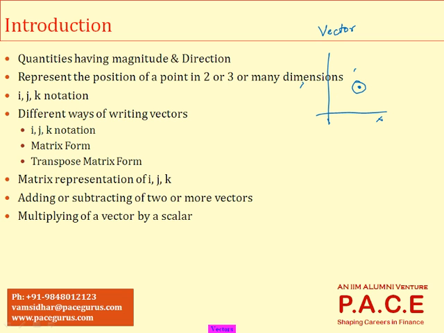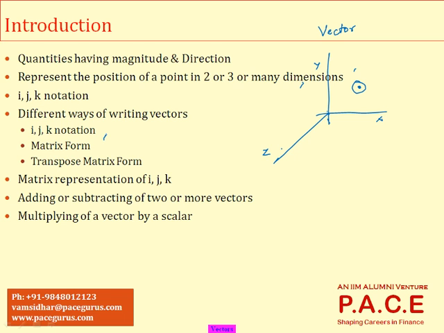The most common thing which we do is, if we want to represent any point either in the two-dimensional space, this being an x-axis, this being a y-axis, or even the three-dimensional space, probably I create one z-axis also. This is the way we represent the three-dimensional stuff. X-axis, y-axis or z-axis. In these three directions, if I want to represent a quantity, that is where we resort to the vector based notation.